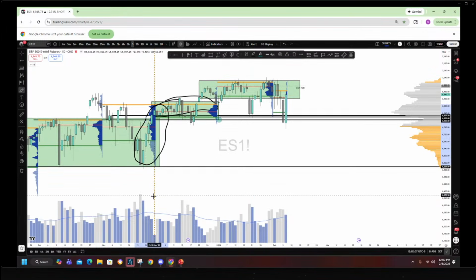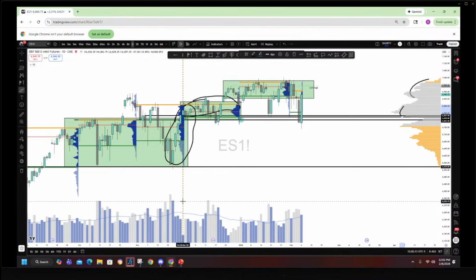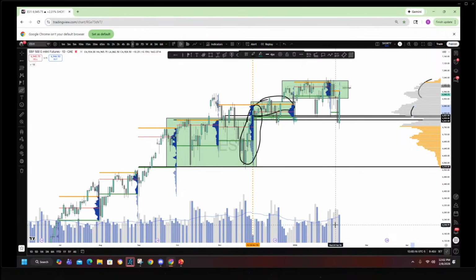I'm looking at the gray bars to the right. No, I mean on the bottom still, but on the right between the blue. Okay. So when it dipped below, there were buyers that came in, and when it dipped to the bottom of that value, that balance, there was volume that came in and pushed it higher. Okay, that's fair.